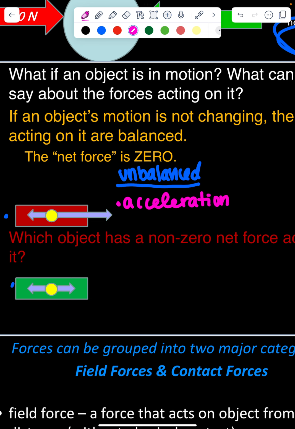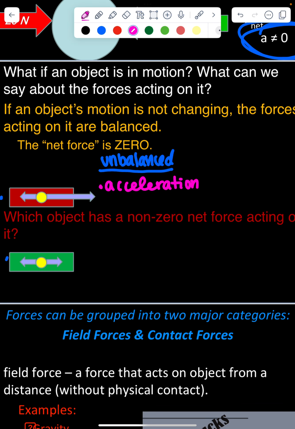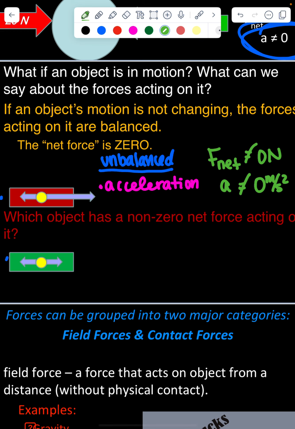So we're either speeding up, we're slowing down, or we're changing direction. And we also know that that means that our net force is not going to be zero, and we will not have an acceleration of zero. So we have some net force. This one is going to be some net force in the positive direction, which means that our acceleration will also be going in the positive direction along with that net force.